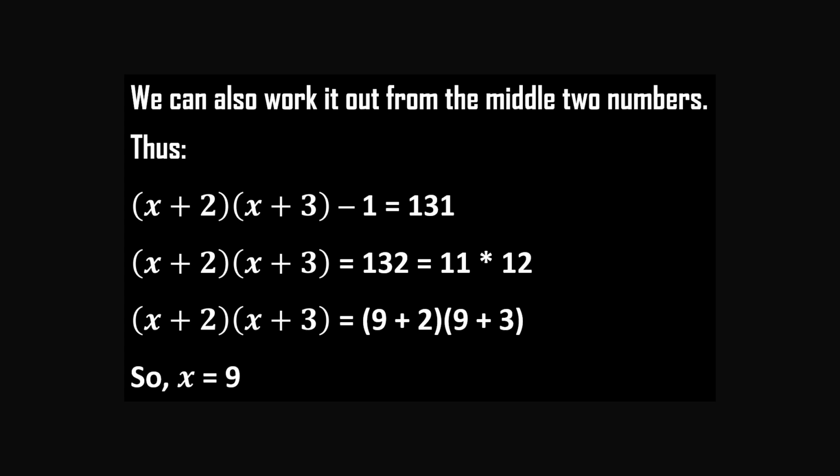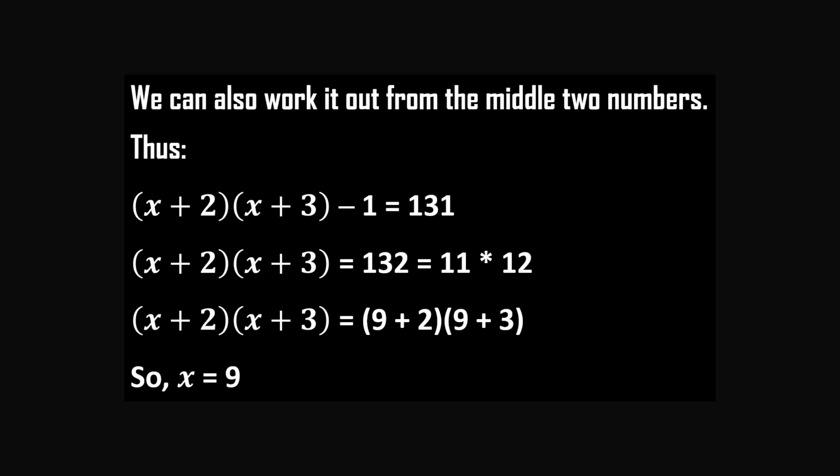The minus 1 will go to that side and you will get 132, which is actually 11 into 12. Now you write 11 as 9 plus 2 and 12 as 9 plus 3. So x plus 2 is 9 plus 2, x plus 3 is 9 plus 3, so x equals 9. Whichever way you do it, you will get x equal to 9.